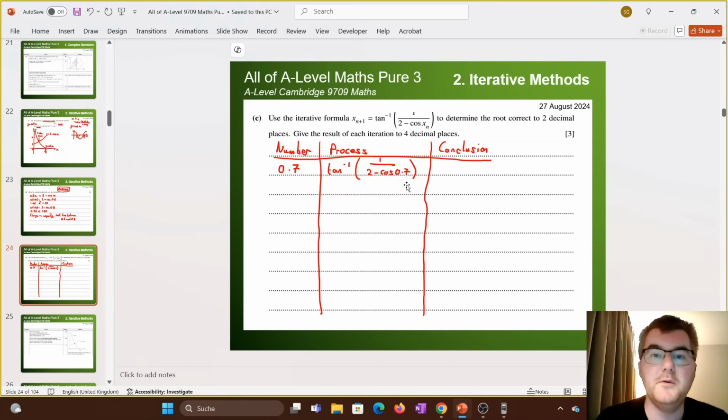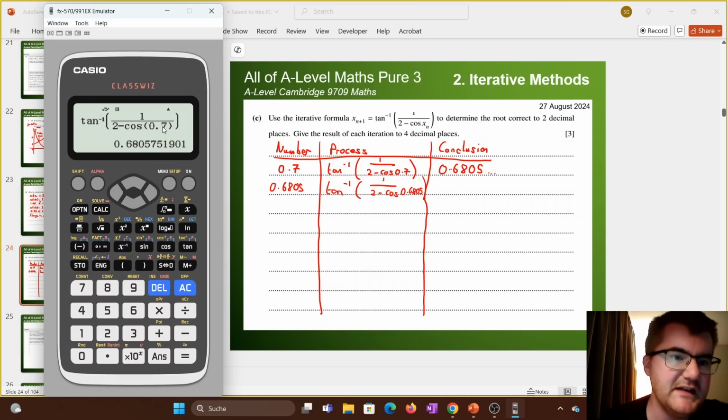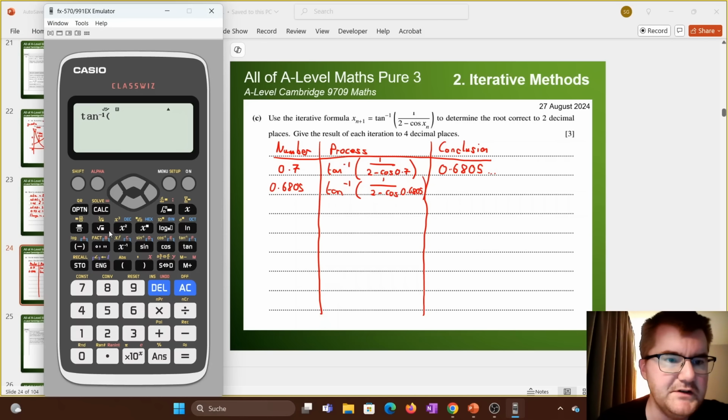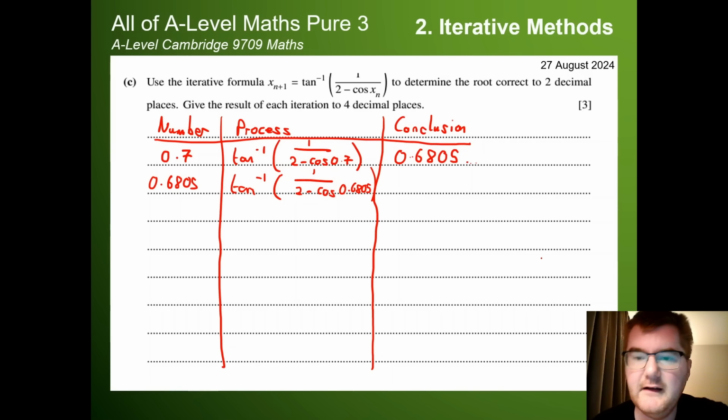And again, what we can do with the calculator, which is quite a useful tool here, is we can use the answer key. So what I'm going to do here is go shift tan, we type in what we did before, 1 over 2 minus cosine of answer, because it's an iterative formula, so we want to use what we did before. That gives us 0.6855.